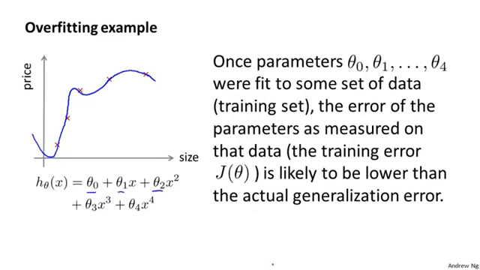And the more general principle is that once your parameters are fit to some set of data, maybe the training set, maybe something else, then the error of your hypothesis as measured on that same data set, such as the training error, is unlikely to be a good estimate of your actual generalization error, that is, of how well the hypothesis will generalize to new examples.